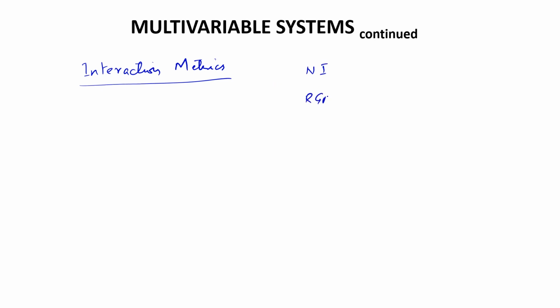We saw that if the Netherlinsky index is less than 0, those pairings should be avoided. And the relative gain array told us that pairings with lambda ij less than 0 must be avoided, and we should prefer pairings with lambda ij close to 1.